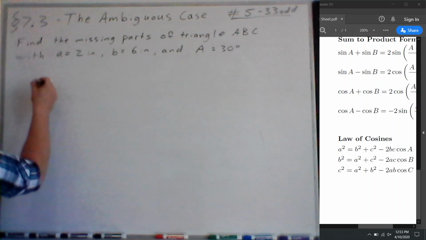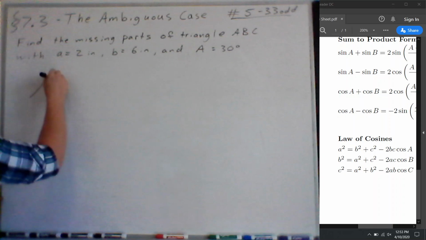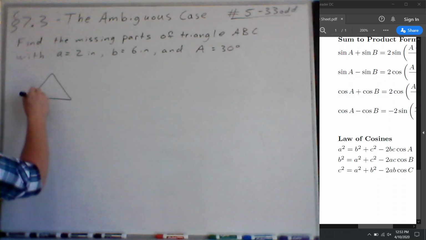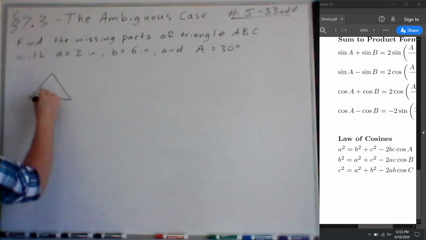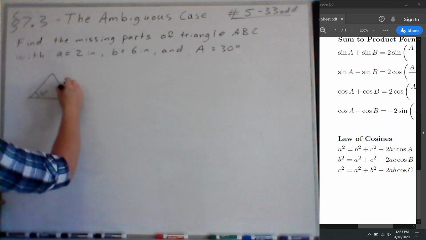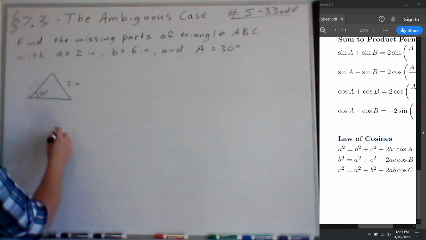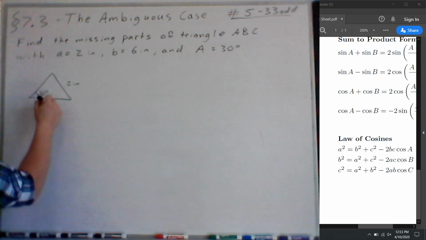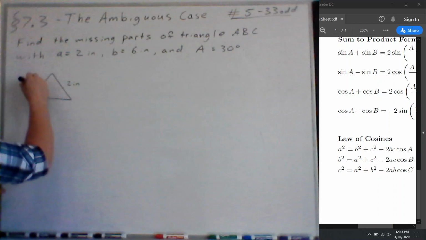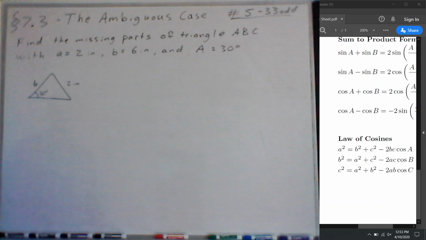Let's do a little rough sketch here. We'll say this is A, which is 30 degrees, which puts little a across from it at 2 inches. And b, it doesn't matter whether you orient your triangle one way or the other. I'm going to put it up here at 6 inches.